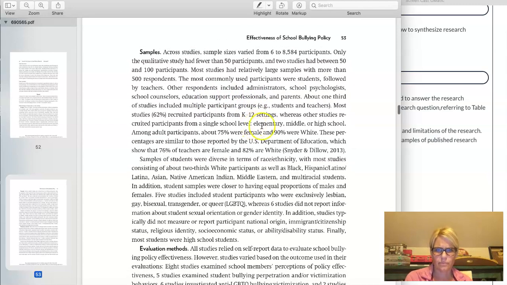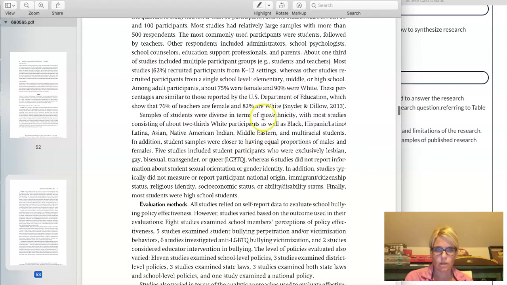Okay. Most were from K through 12 settings, whereas others were from a single school level, elementary or high school. It goes on to talk about some of them being diverse in terms of race and ethnicity, with most consisting of about two-thirds white, as well as Black, Hispanic, Latino, Asian, Native American, Middle Eastern, and multiracial.